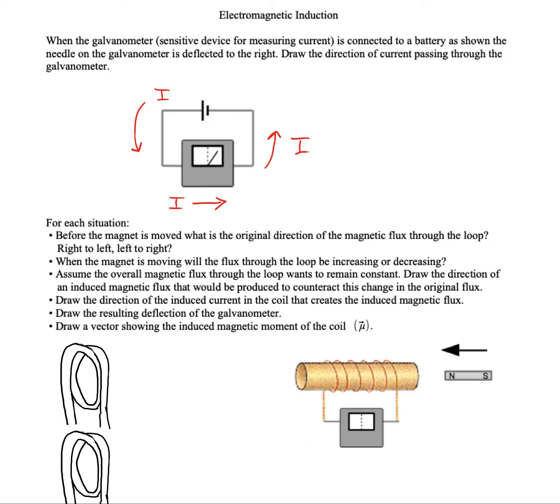In order to analyze what's happening inside the coil, we can do a drawing of the before and after. Now, before the magnet is moved closer to the coil, we can draw the magnetic field lines that would leave that north pole of the magnet.